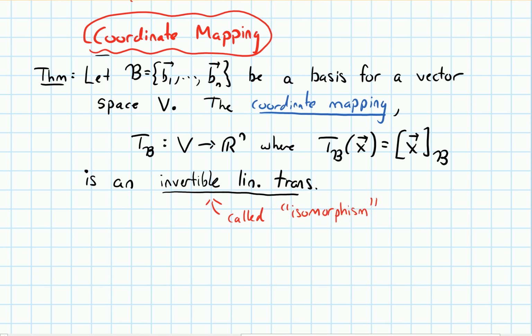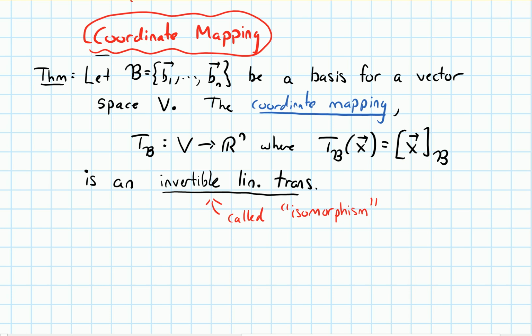So the idea behind this theorem is that when we're working with vector spaces that are more complicated than Rn, for example polynomials, if I need to answer a question about polynomials, like whether they're linearly independent or not, I can translate those polynomials to their coordinate vectors and then answer that question in terms of the coordinate vectors, because that'll be easier.